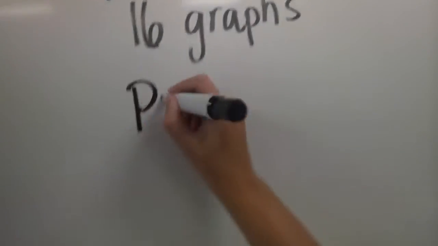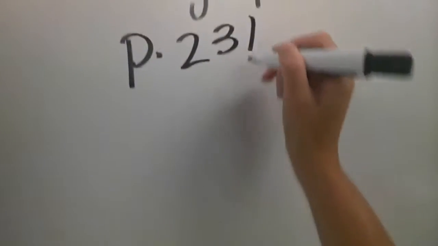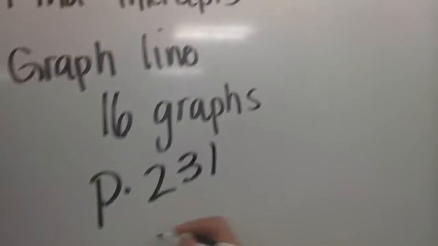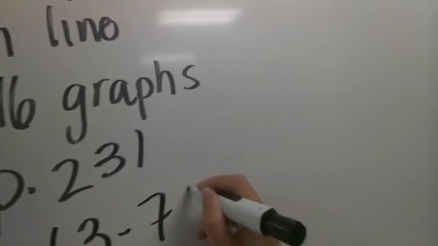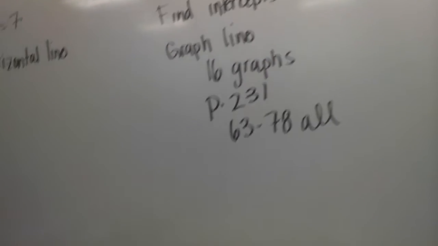So what you need to do is page, and this is on Canvas, and there are Khan Academy links. Page 231, I think. Yep. 63 through 78 all. Okay, 63 through 78 all. It's on Canvas. There are additional links on Canvas.